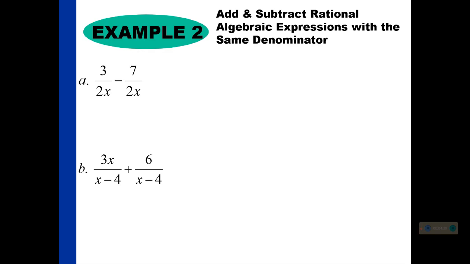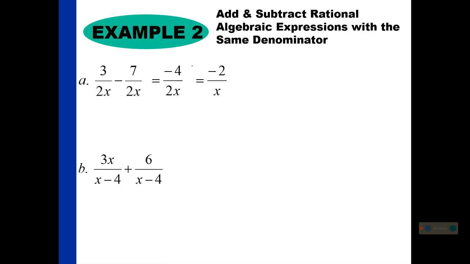How about this one for subtraction? We have 3/2x minus 7/2x. So we have here negative 4/2x. Try to simplify the numerator and the denominator. You may obtain negative 2/x. Why?